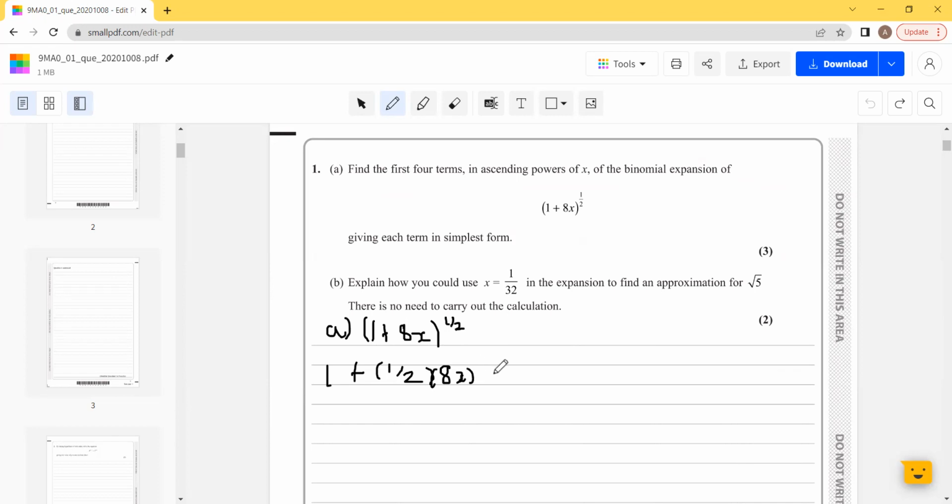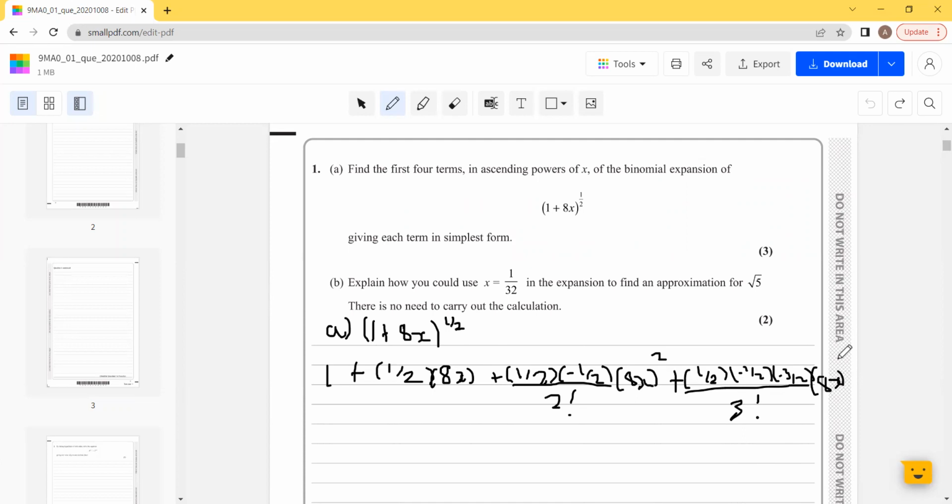And our third term will be a half times minus a half over 2 factorial, times (8x) all squared, plus a half times minus a half times minus 3 over 2 over 3 factorial times (8x) cubed.